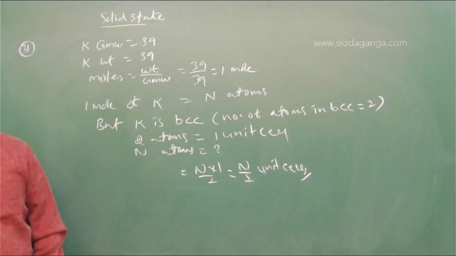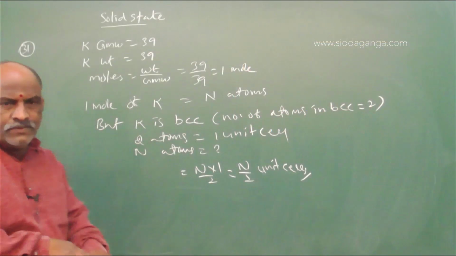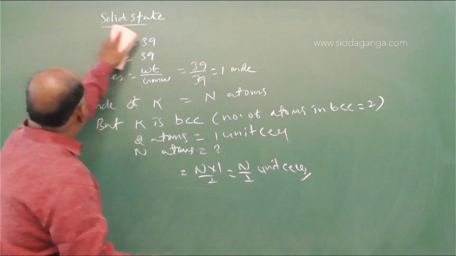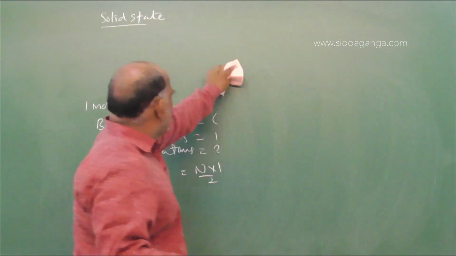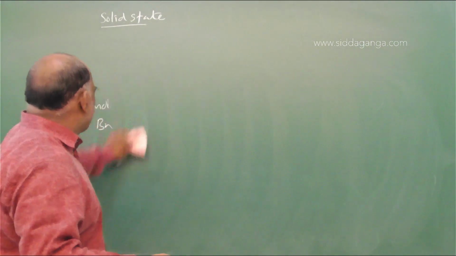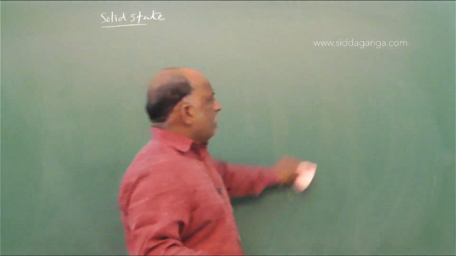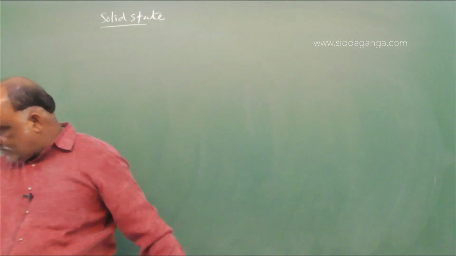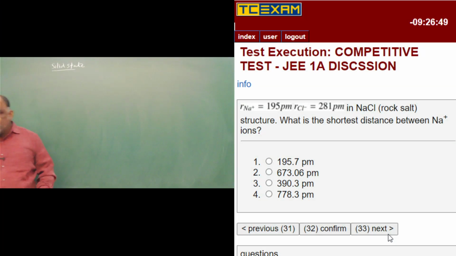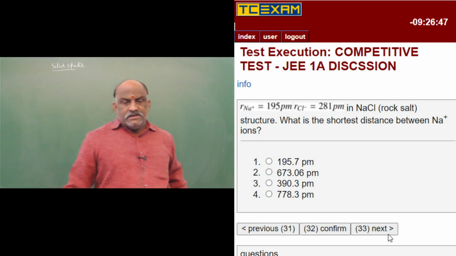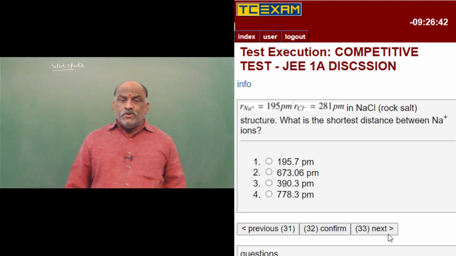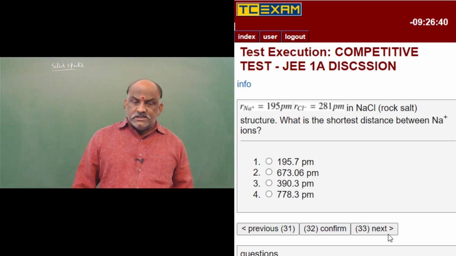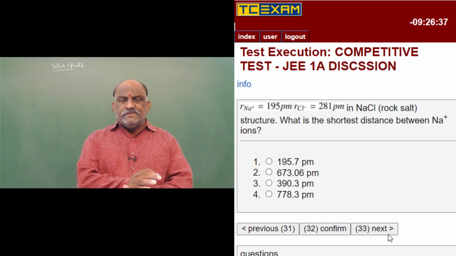Next, question 32. The radius of Na plus is given as 195 picometers, and the radius of Cl minus is 281 picometers. In the NaCl rock salt structure, what is the shortest distance between Na plus ions?